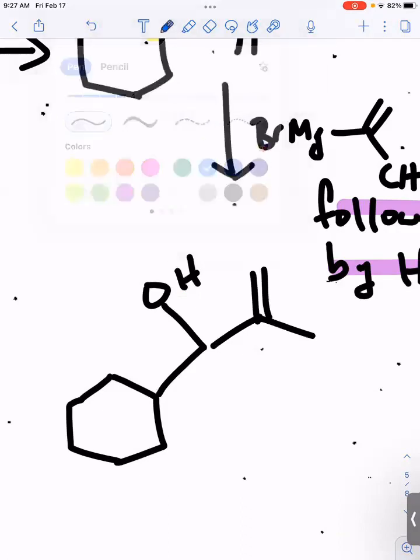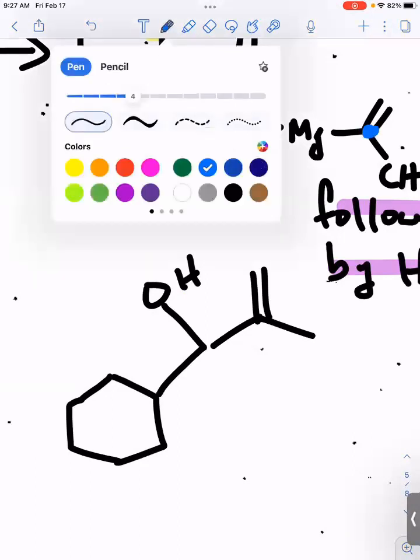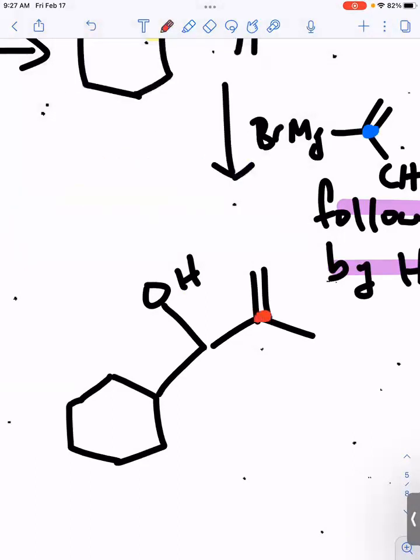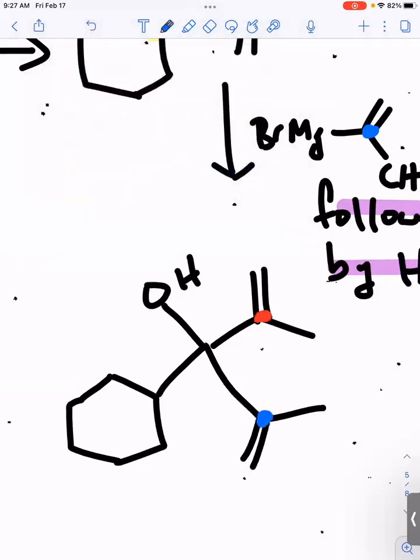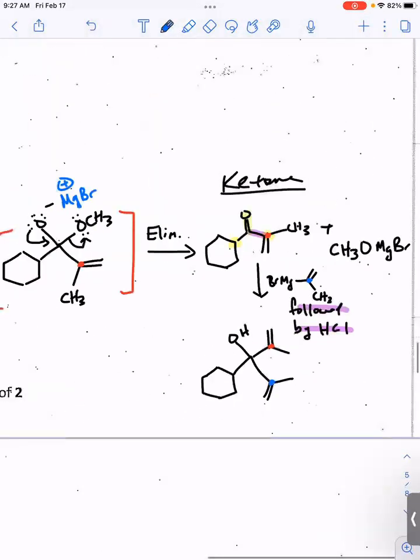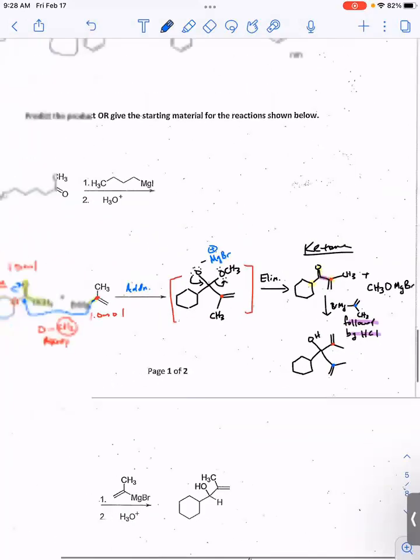I'm going to change the color on this one. And this one was red. Right, that's what that final alcohol would look like if I added 2 equivalents of Grignard to that ester. Questions about that? Any questions about anything?